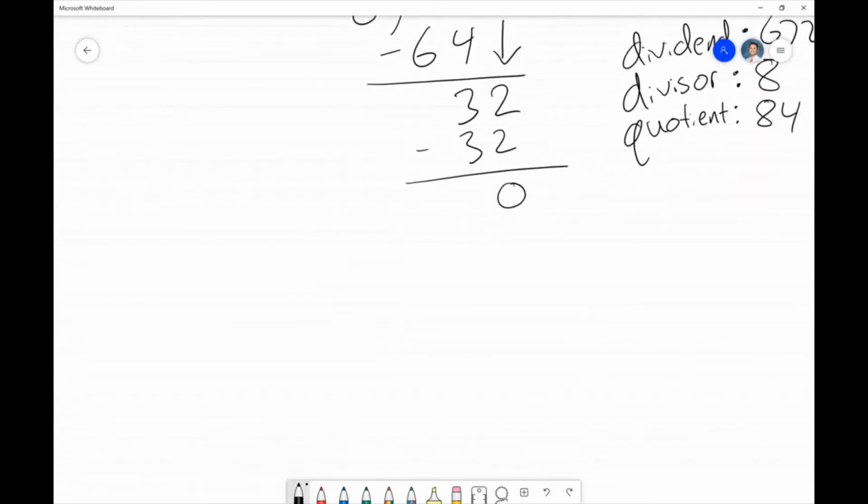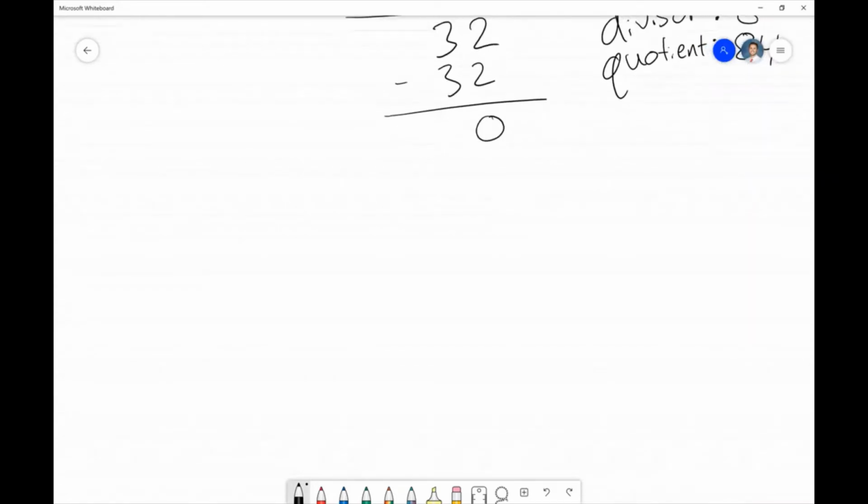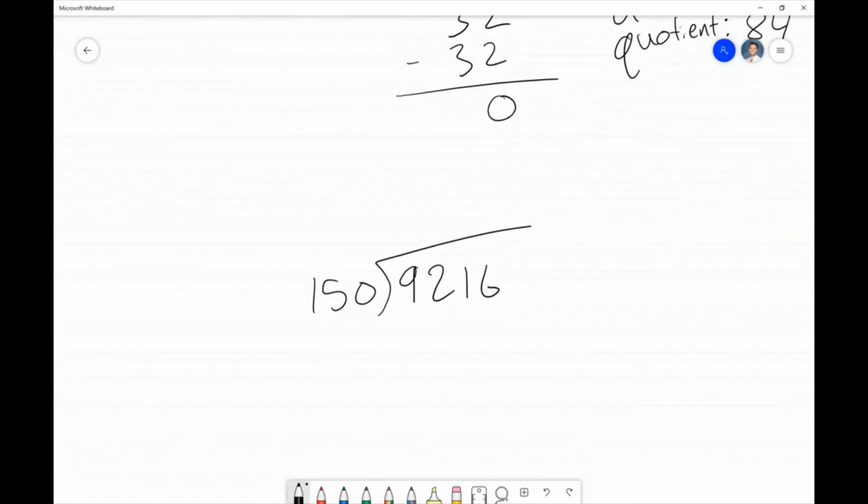Let's practice another one here. So now we're going to find the quotient of 9,216 and 150. Here we need to determine how many times 150 goes into 921. When we're working with larger divisors like 150, I like to work with estimates.